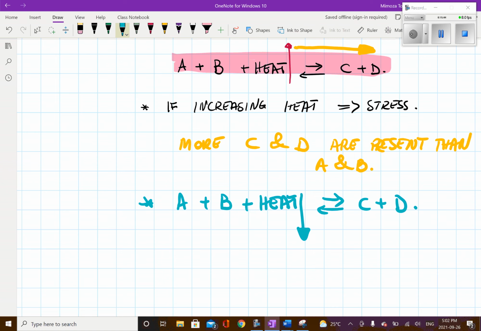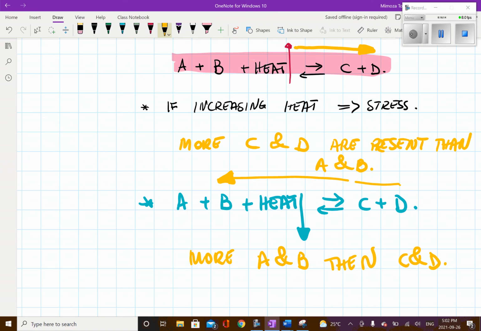I will do whatever it takes to increase the heat. And in order to increase the heat, it has to be shifted to the left. This is what shifted to the left means. So in that case, you will see more A and B than C and D present. Okay?